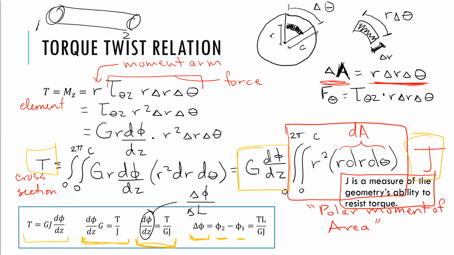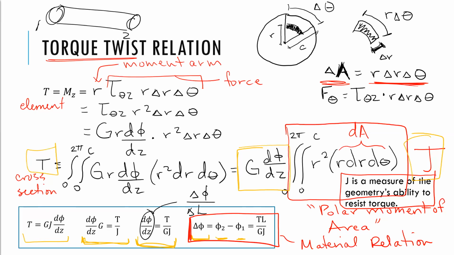On the previous slide, I just want to reiterate, this equation here is extremely important. This is our material relations equation, analogous to the force deformation relation that we had before.